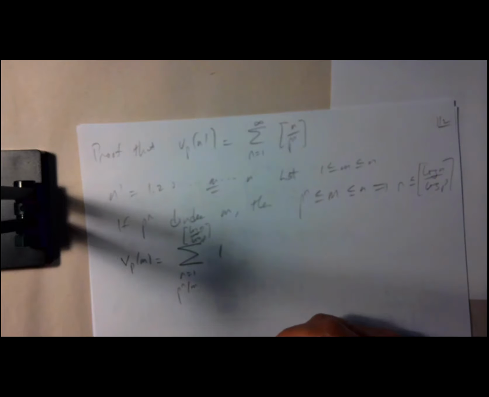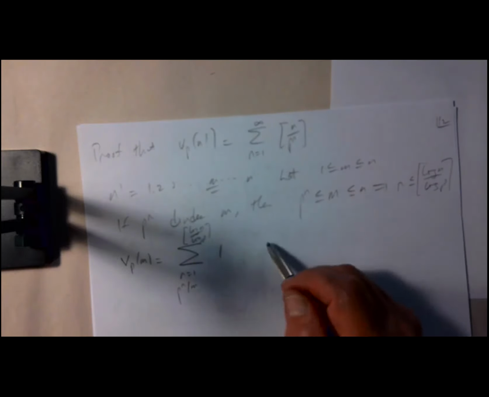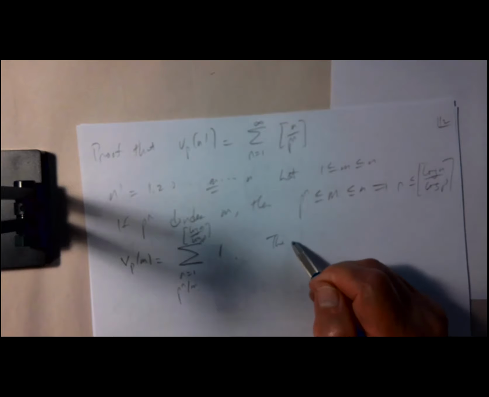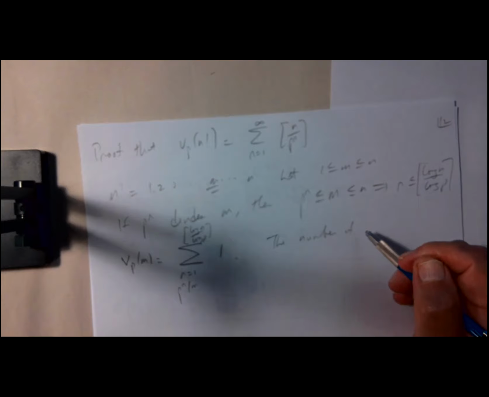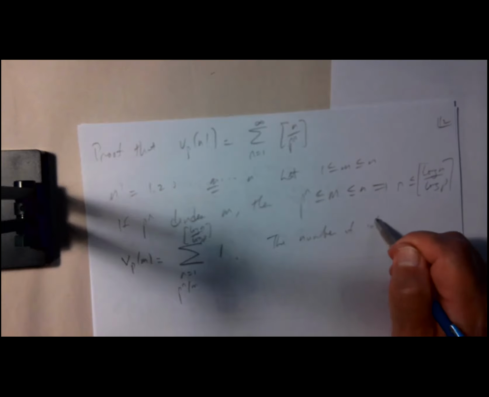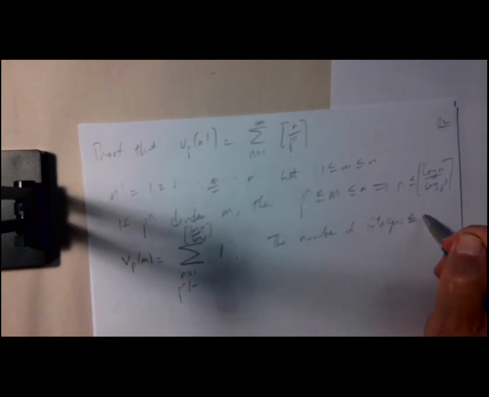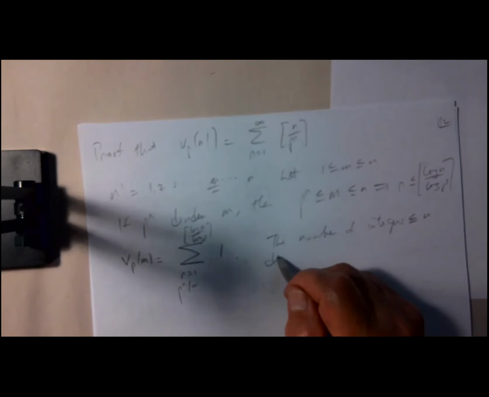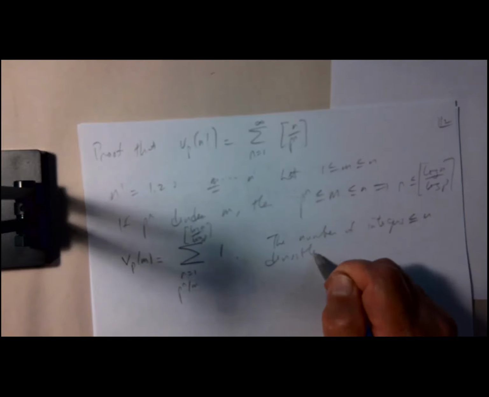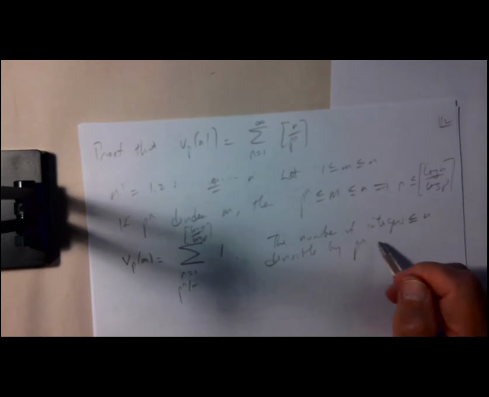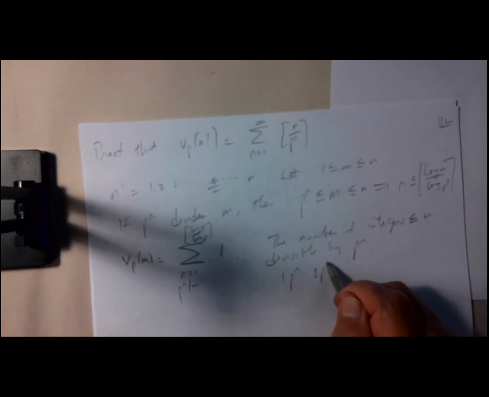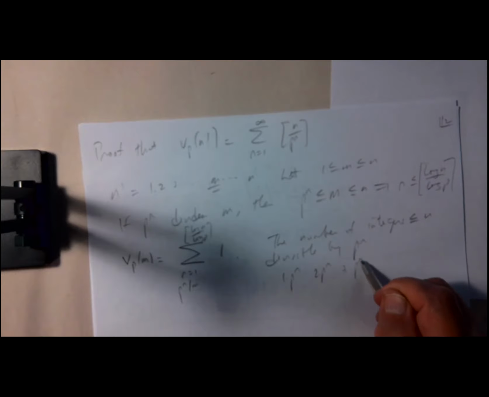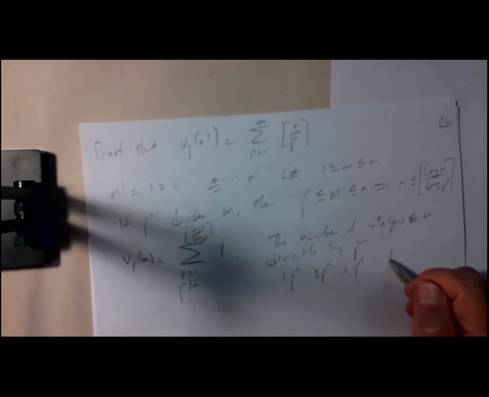And how many integers up to n are divisible by p to the r? So the number of integers less than or equal to n divisible by p to the r, let's see, what would they be? You'd have 1 times p to the r, 2 times p to the r, 3 times p to the r, up to, let's say, k times p to the r.